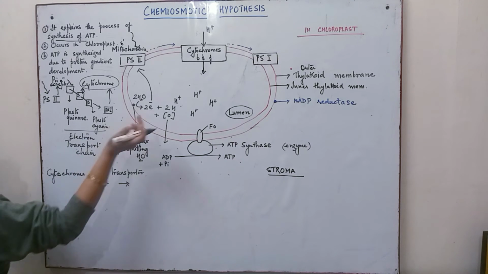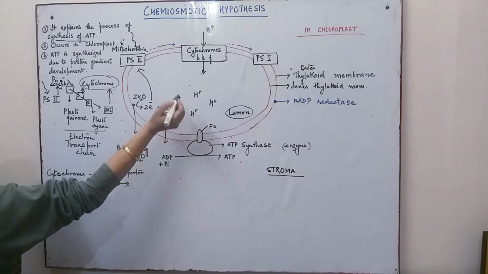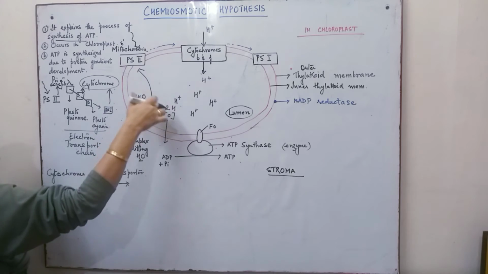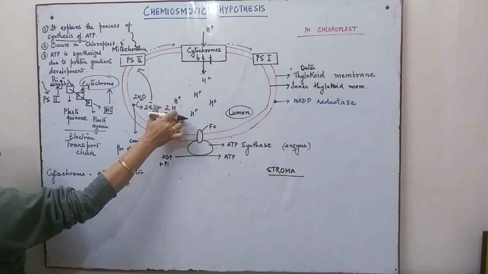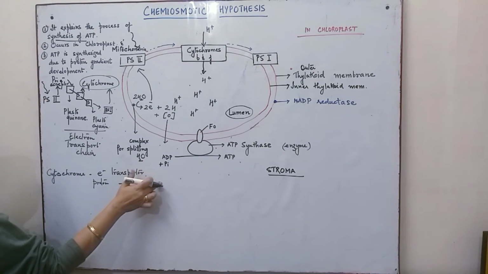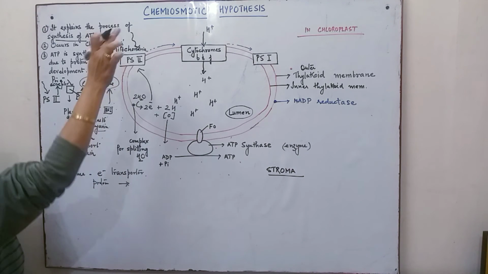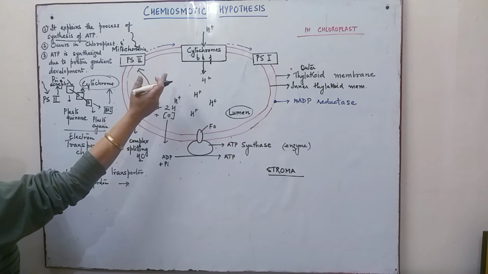That means the lumen will now have a continuously high concentration of protons inside as compared to the stroma, which is on the outside. There are two reasons, very clearly.